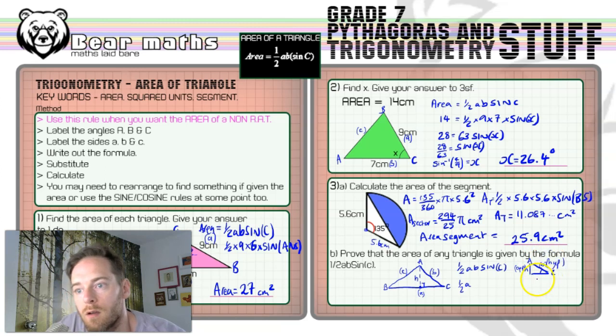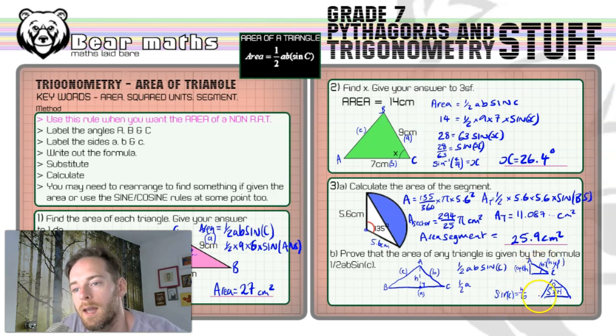So what you use is SOH from SOHCAHTOA, the SOH bit. And we put in sine C. So sine C is equal to the opposite over the hypotenuse. And the opposite is this letter H, and the hypotenuse is this letter B.